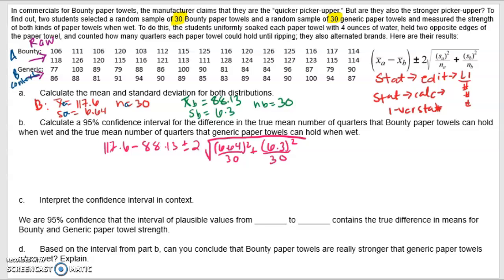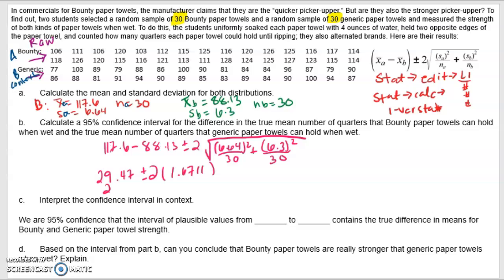After calculating this, I found 29.47 as my single value estimate, plus or minus 2 times 1.6711. Again, you want to keep as many decimal places as you can. Notice that these are pretty low decimal places, so I didn't choose to go any further.